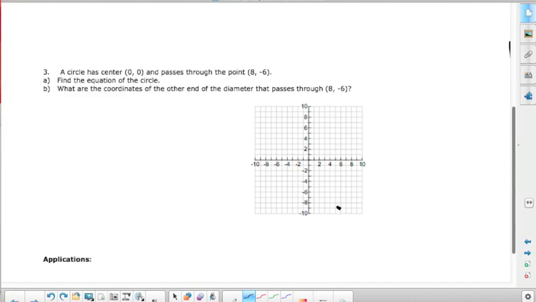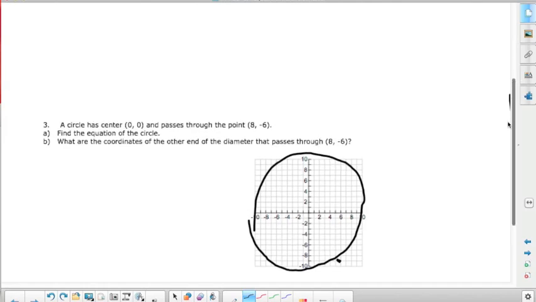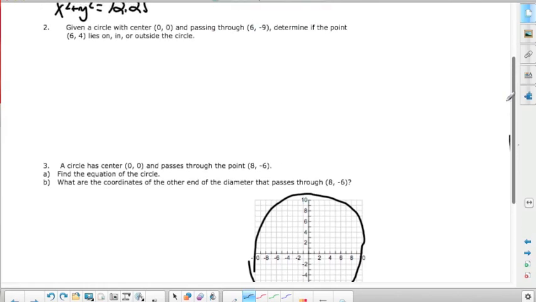Basically, we have a circle that goes around this and hits that point. We need to determine if the point 6, 4 is inside, outside, or on our circle. How can we determine that?